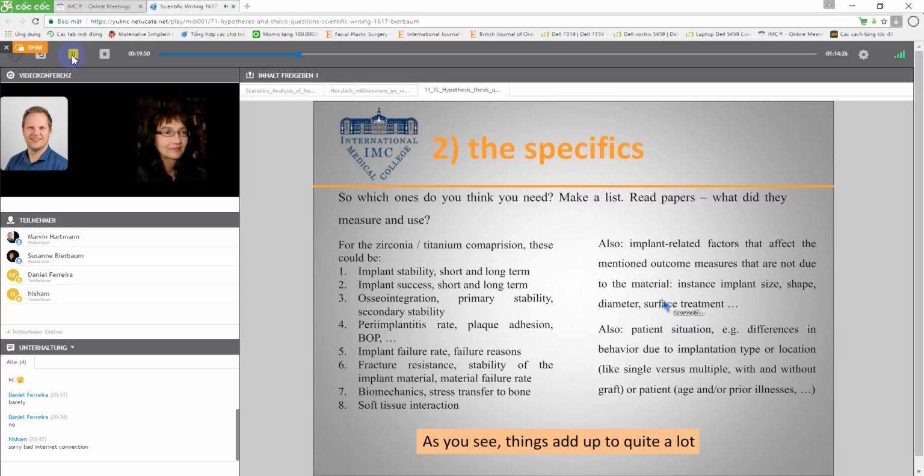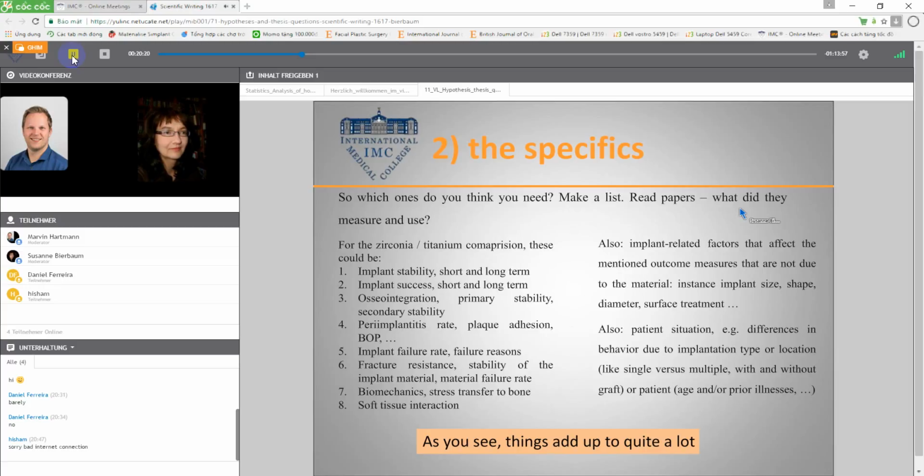In addition, what you should keep in mind is that if you look at implant stability for titanium and zirconia implants, there are other factors which are related to your initial question, but not identical. Maybe in this case, things like implant size, shape, diameter. Obviously, that would influence the outcome measure you found, irrespective of whether it's titanium or zirconia.